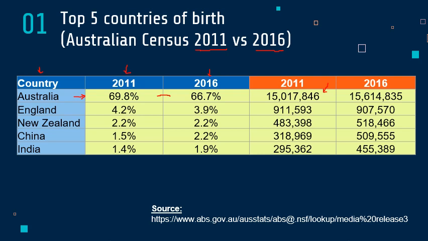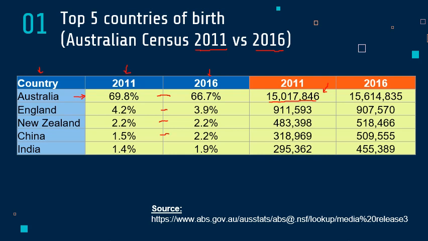Over here on the 2011 and 2016, the actual number of people increased, and we can account for that by the fact that the population is increasing as more and more people are born over the 5 years, but as a proportion of the population, it actually decreased. We can also see that it's the same case for England as well. New Zealand was roughly about the same, but for China here, we can see there's been a 0.7% increase between 2011 and 2016.